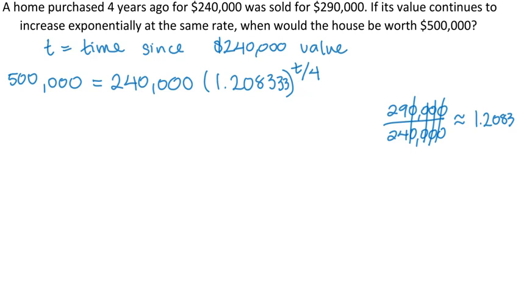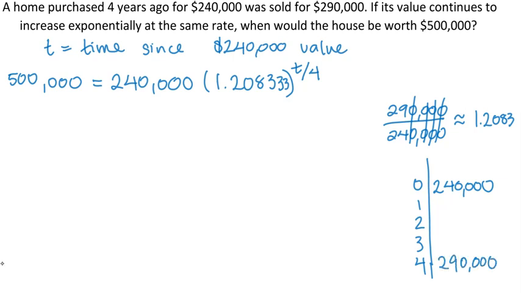Just to mention some others, you could think about this as a table problem. We're given 2 points, so we could say in year 0, we had 240,000, and then 1, 2, 3, 4, we had 290,000.